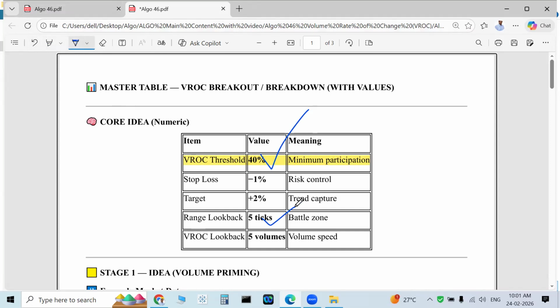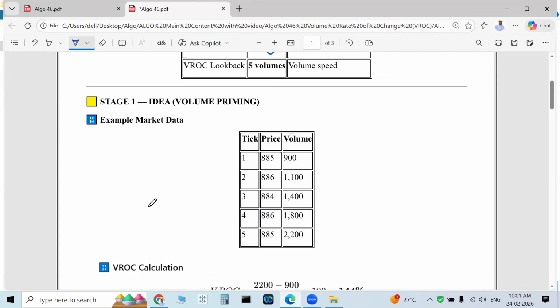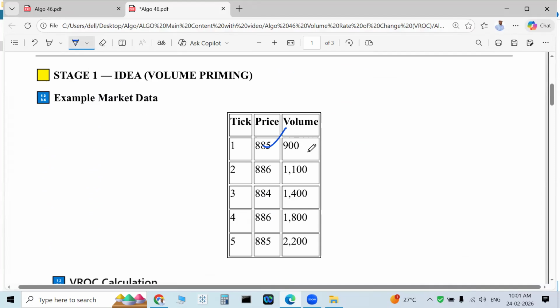So that means 5 readings will be taken from the market, and based on that we are going to work. Okay, now what is the ideal situation? First we are going to take the 5 prices from the market with the volume. So this is price number 1, price number 2, price number 3, and so on. We are going to take the volume also which is happening on that particular price.